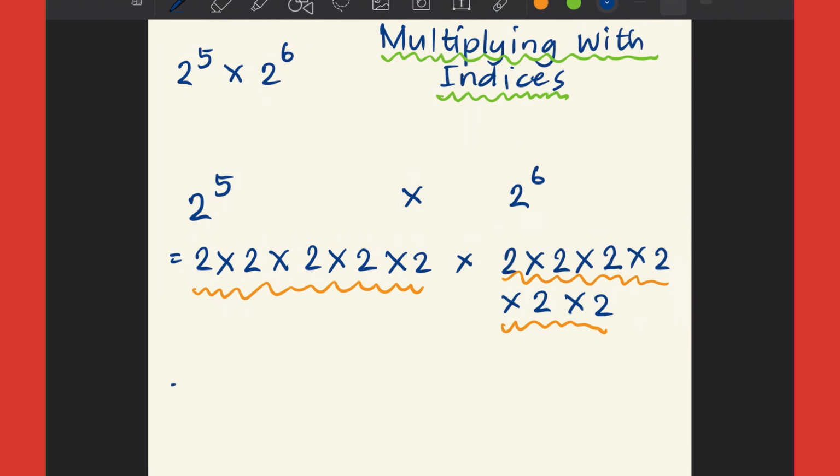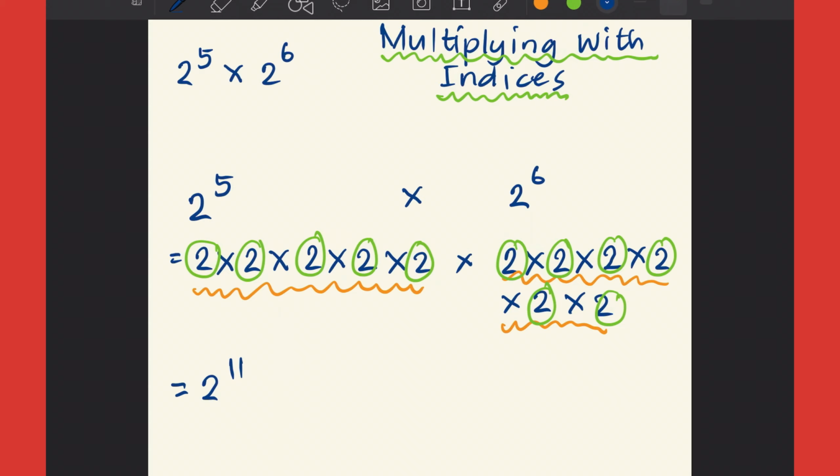it is 2 raised to the power of how many? So we have 1, 2, 3, 4, 5, 6, 7, 8, 9, 10, 11. So in other words, we have multiplied 2 by itself 11 times.